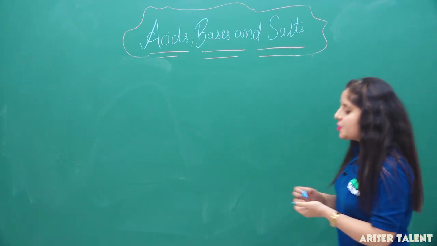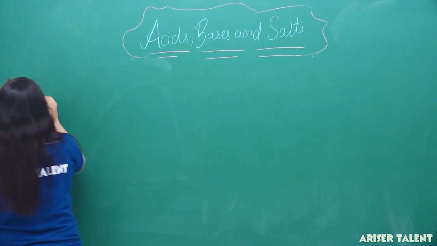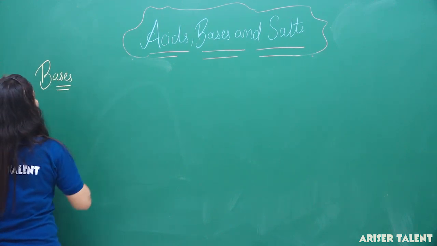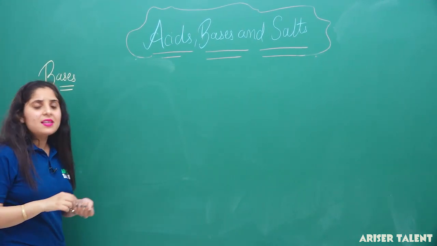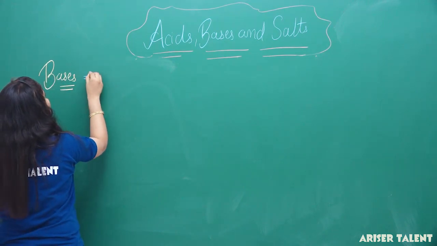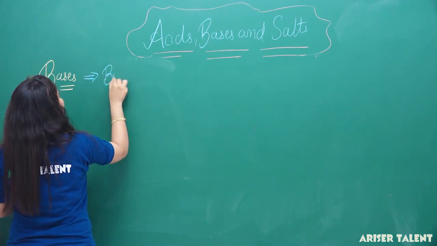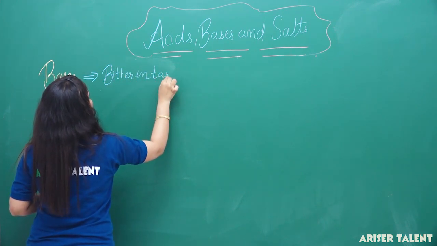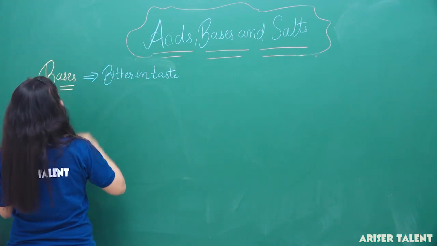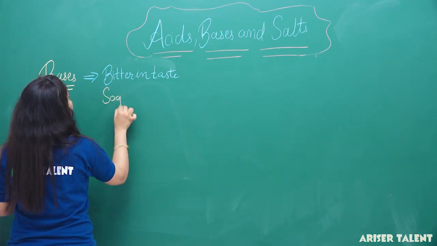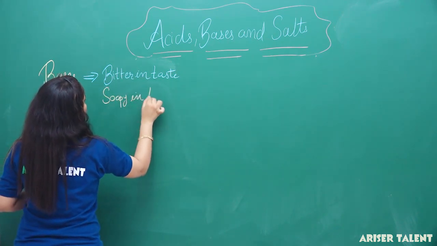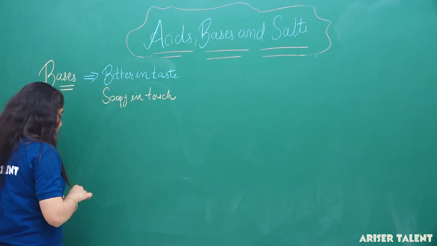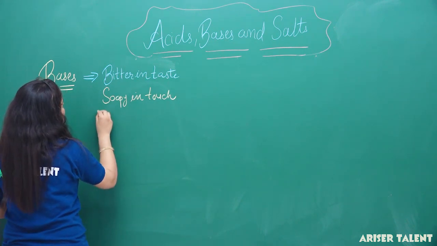So we are on our next topic, that is bases. We have already discussed that bases are the substances which are bitter in taste, soapy in touch, and have the tendency to release OH minus ions.